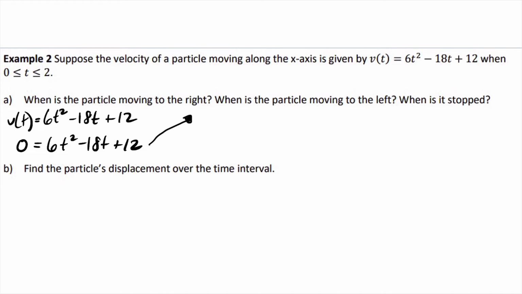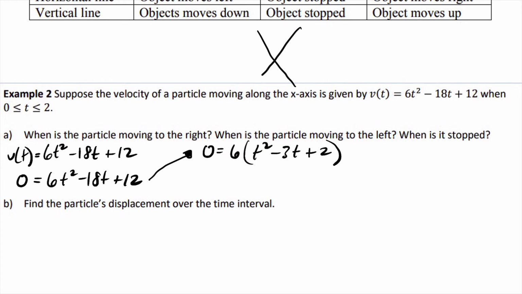Yep, factor. Start with a 6. t squared minus 3t plus 2. Then what do I do? How do I figure out what t is? There you go, yeah.